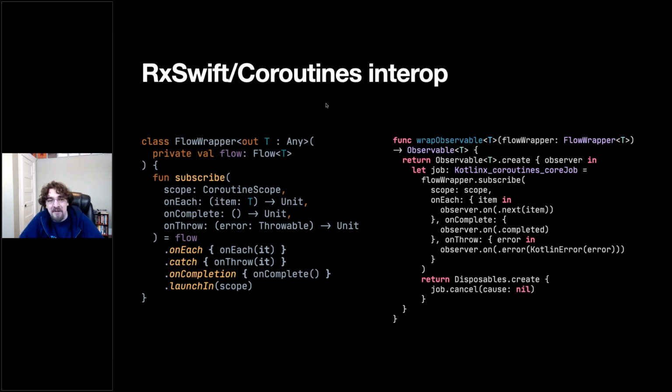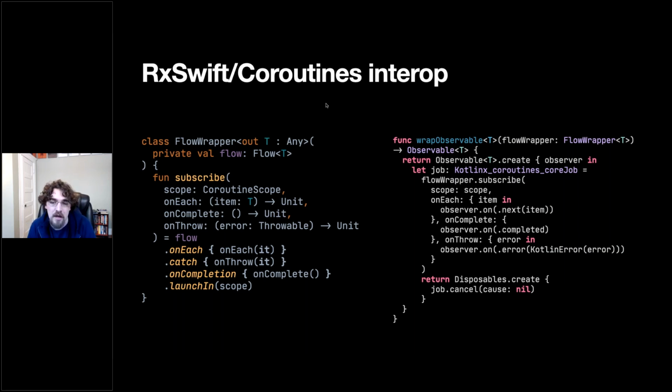But if you add a wrapper class around it, you can maintain that type safety and pass it up to the Swift side. Then you can add an extra observable generic function on the Swift side, which lets you pass the different callbacks that Flow is looking for and hook them into the RxSwift observable.